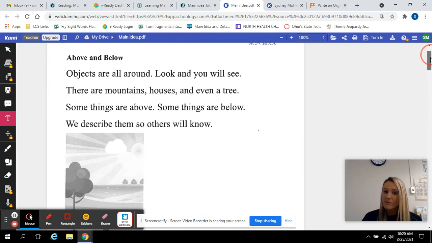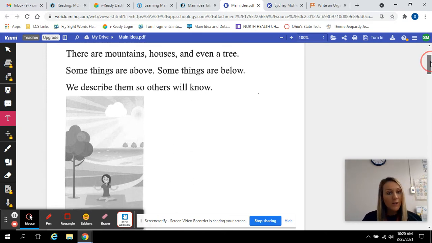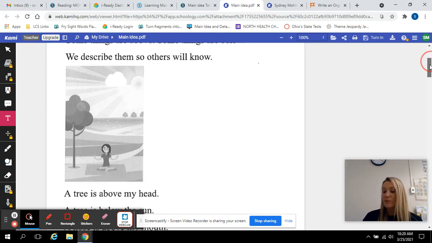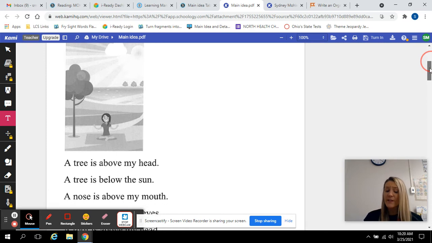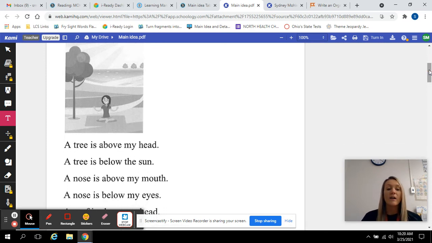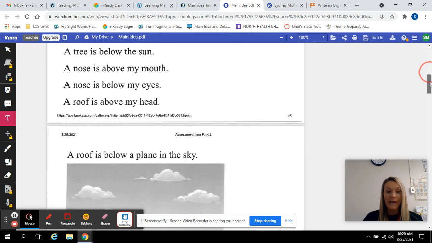Objects are all around. Look and you will see. There are mountains, houses, and even a tree. Some things are above, some things are below. We describe them so others will know. A tree is above my head. A tree is below the sun. A nose is above my mouth. A nose is below my eyes. A roof is above my head.